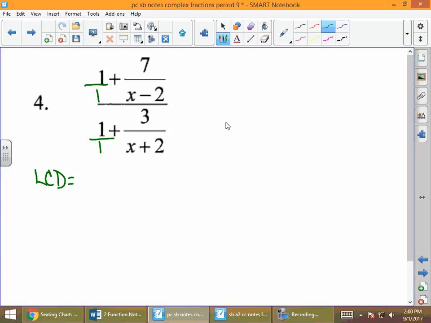We want to find the common denominator of all of those, between 1, x minus 2, 1, and x plus 2. Well, luckily, there are some 1s in there, and the only thing we can do between x minus 2 and x plus 2 is multiply those together.